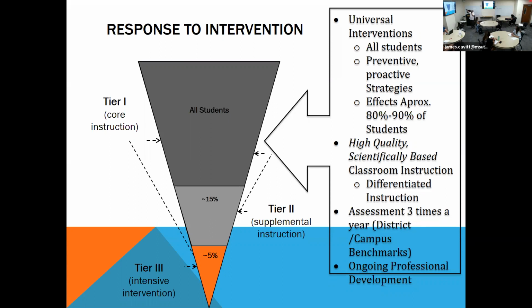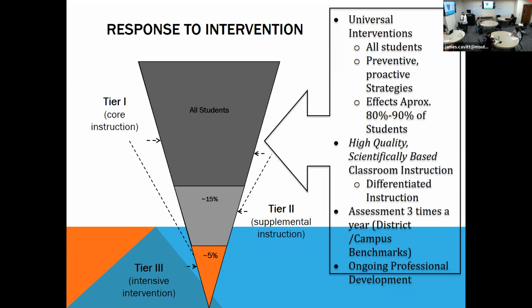So, in your box under Tier 1, it's universal interventions that meet the unique needs of all students. It's preventative, it's proactive, it's not reactive. You give it to them before they really struggle and lose it. It affects about 80 to 90% of all students. They're high quality, scientifically based classroom instructions, differentiated instruction.